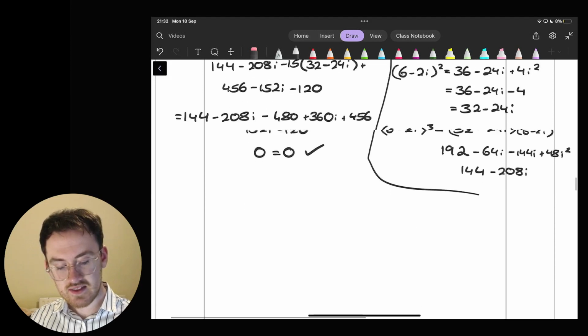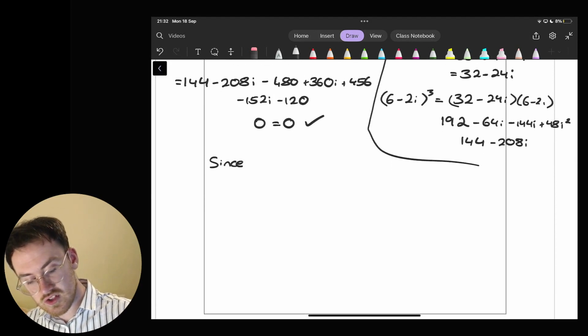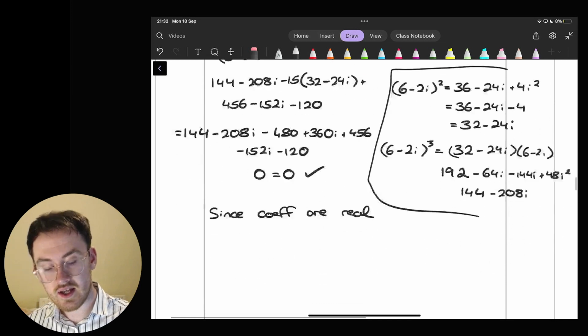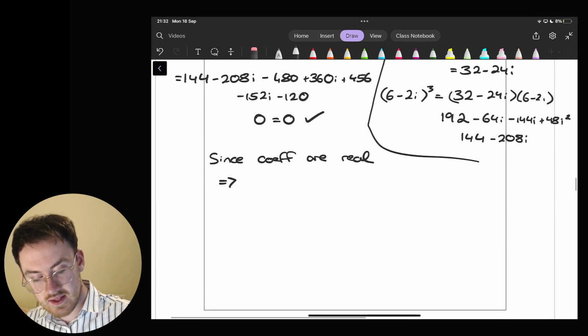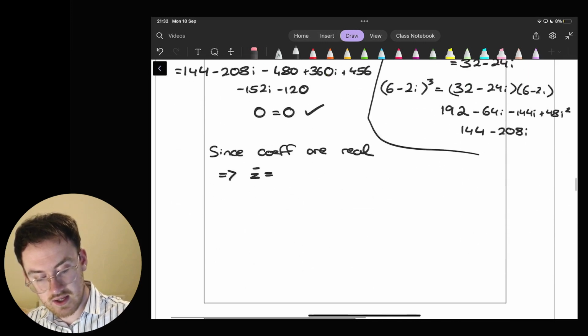Now we're asked to find the other two roots. Since the coefficients are real, if we look back at our equation, the coefficients are all real. That means we can say that the conjugate is also a root, which is 6 plus 2i.